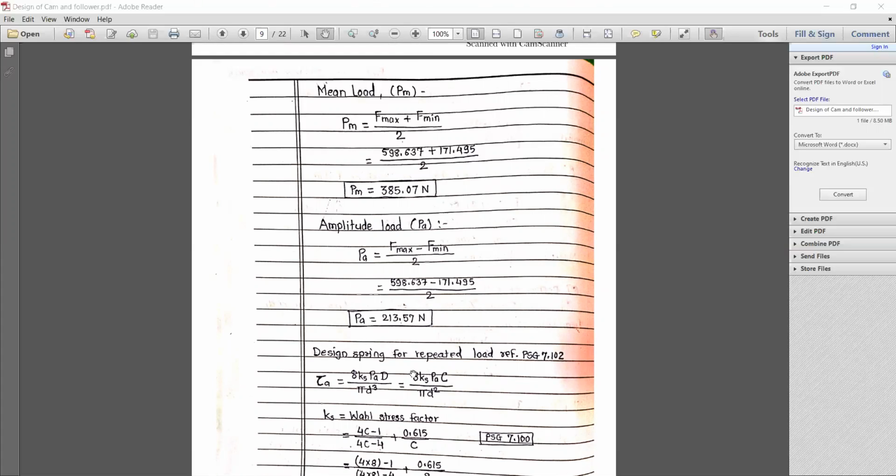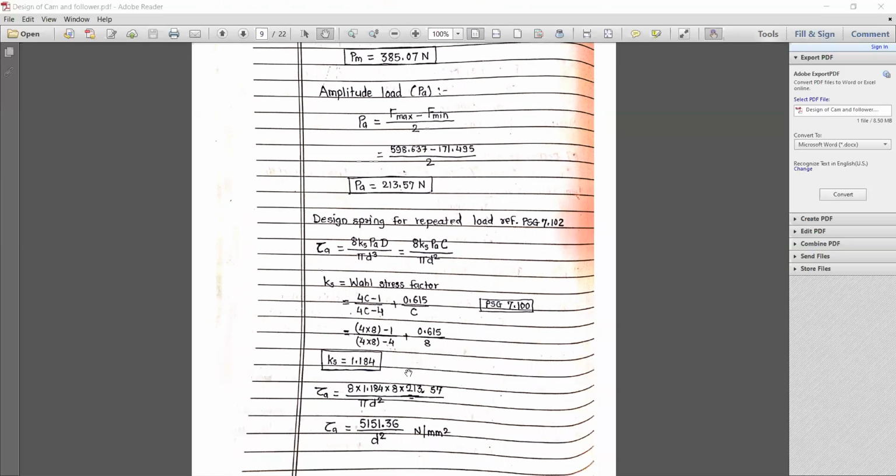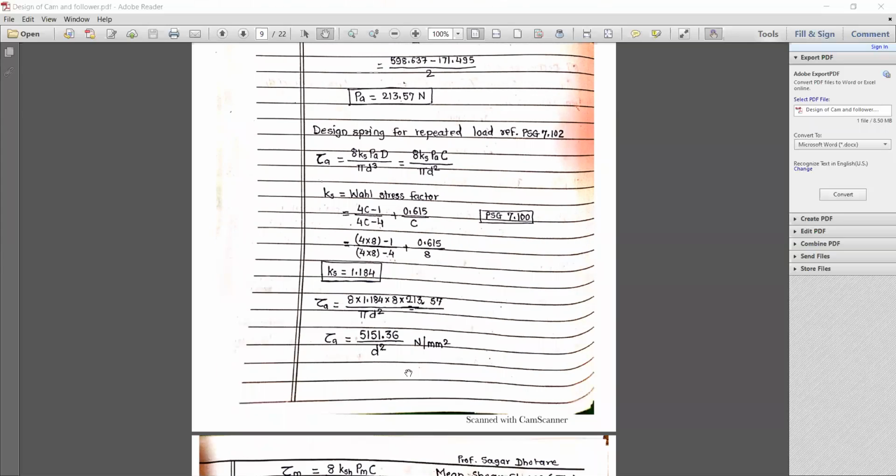Then amplitude load Pa is nothing but maximum minus minimum force divided by 2. Pa is equal to 213.57 Newton.